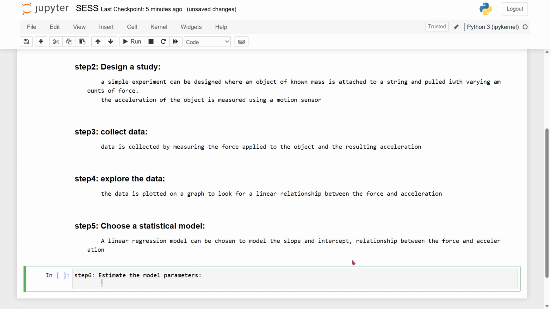As usual, we have chosen the linear regression model, so that's what we are going to estimate. The parameters of linear regression are nothing much: the slope and the intercept that we have discussed before. Slope and intercept are estimated using the collected data.